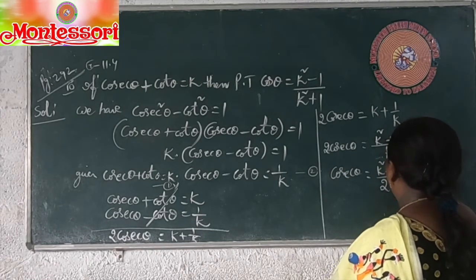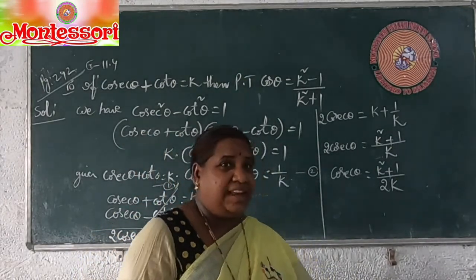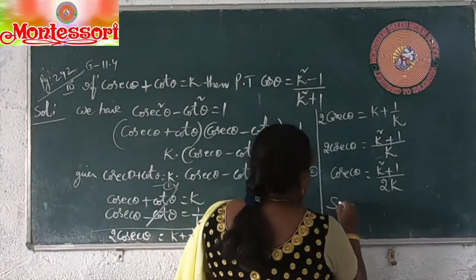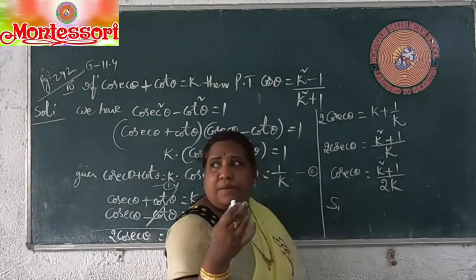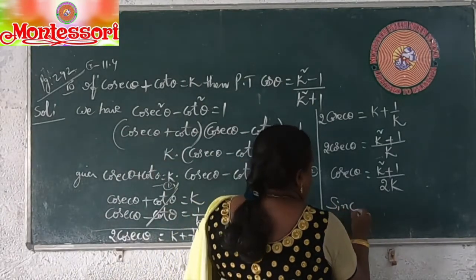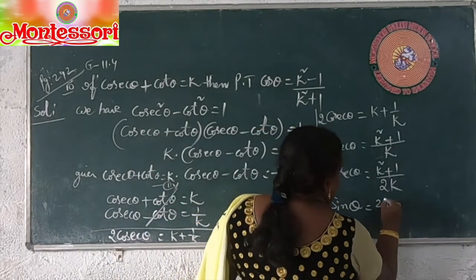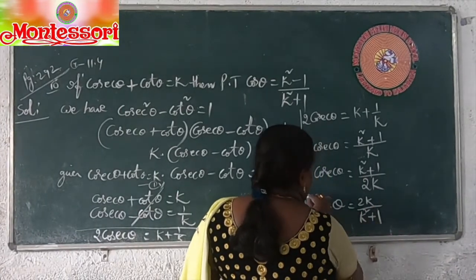So this is the value of cosec theta. What is the reciprocal of cosec theta? Sin theta. Why? Because finally I want cos theta, so I want to apply an identity or right angle triangle. Therefore sin theta is equal to the reciprocal, 2k by (k square plus 1).